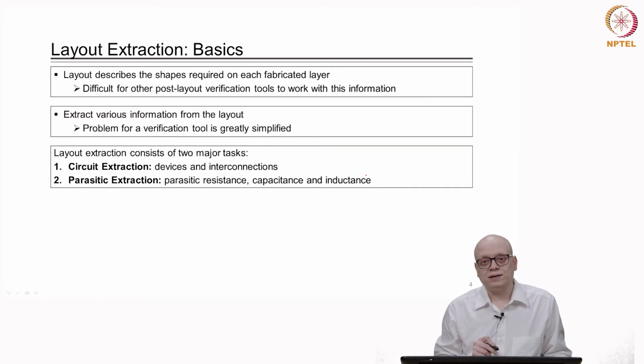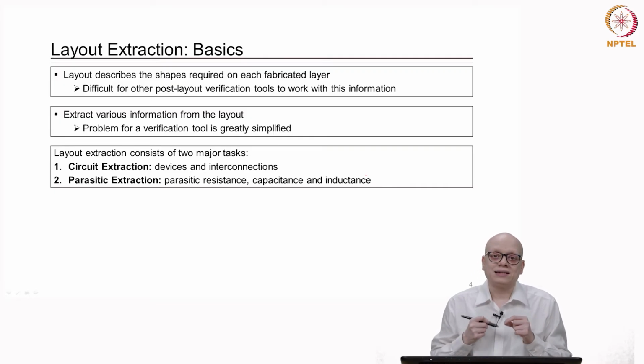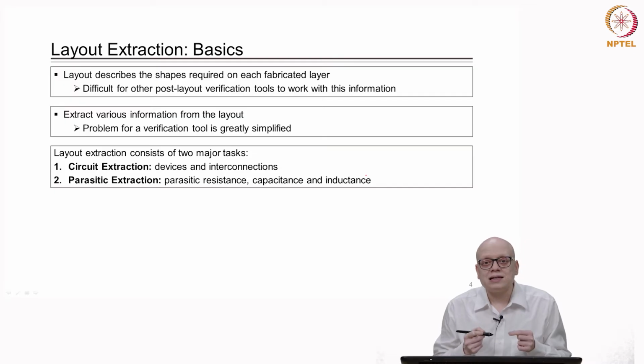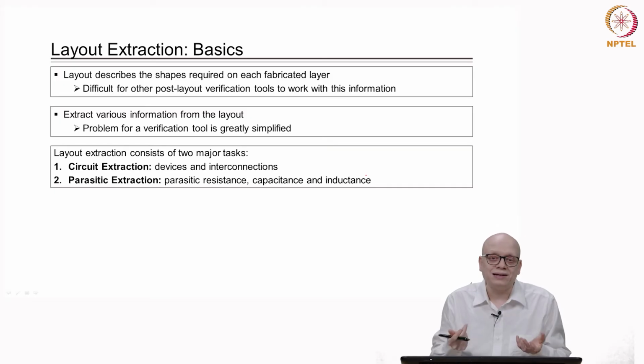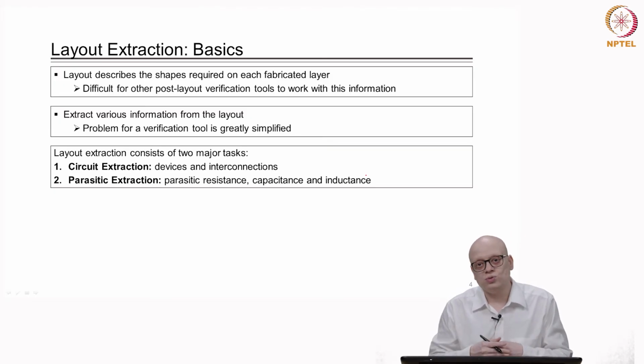Then in the next step, the parasitics are extracted. The parasitics are various resistances, capacitances and inductances associated with the layout which we did not intend to create, but they get created on their own. For example, coupling capacitance between two wires.